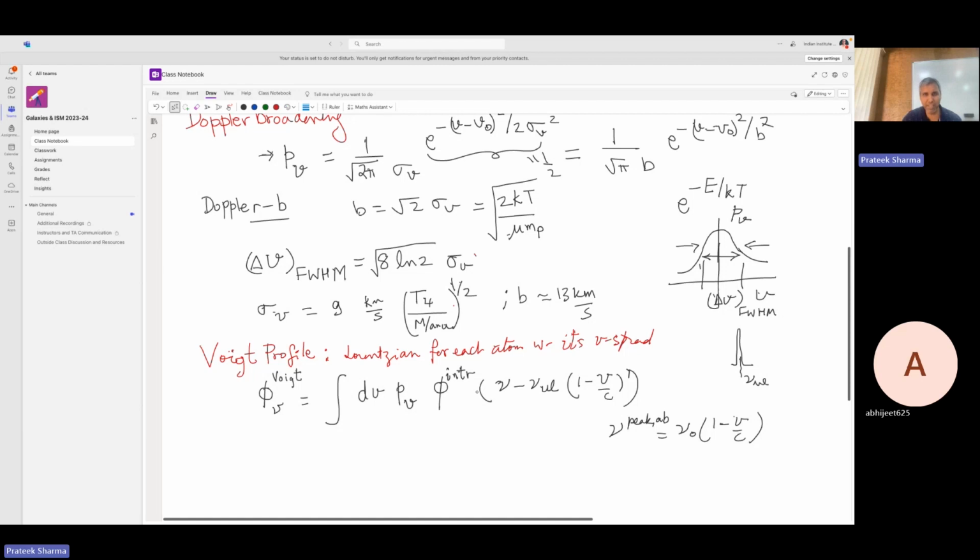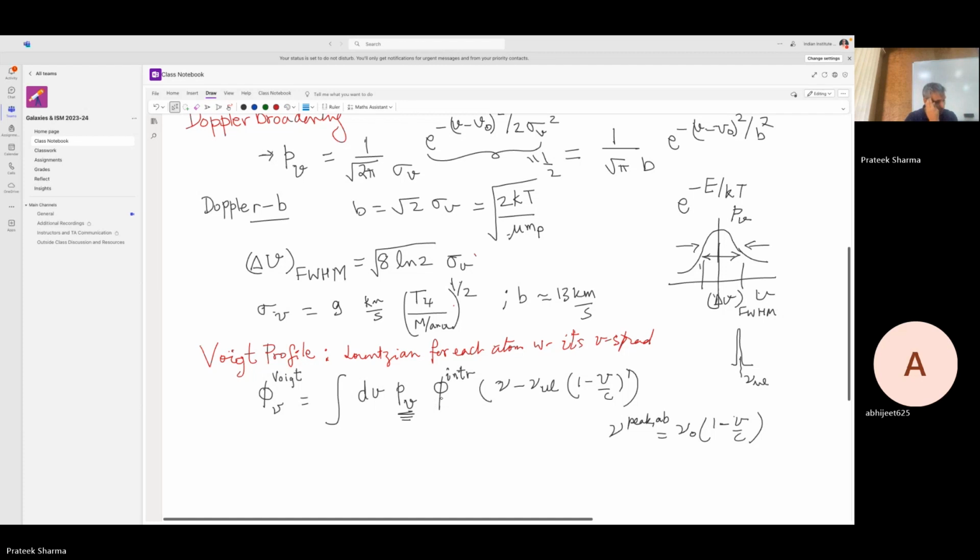So what you're doing is adding up the probability of having a line of sight velocity V and weighing it with the intrinsic line profile corresponding to the frequency that is seen by that atom.